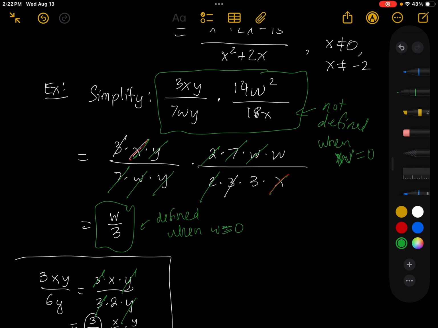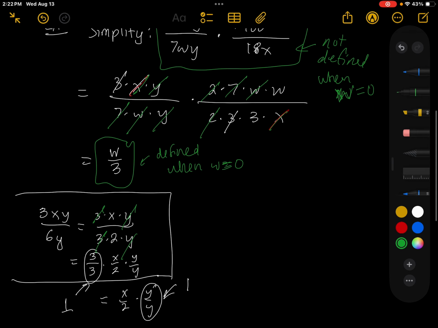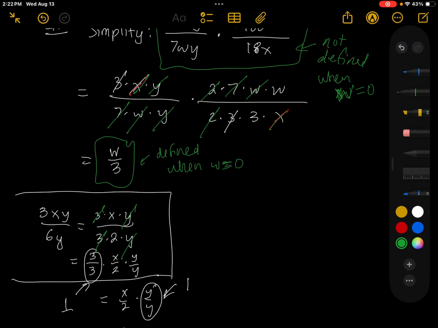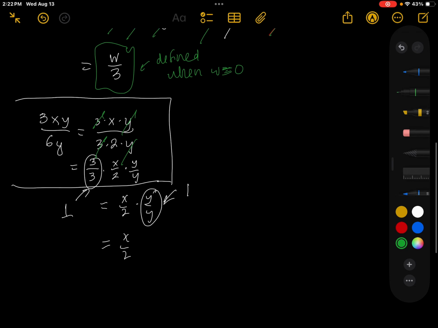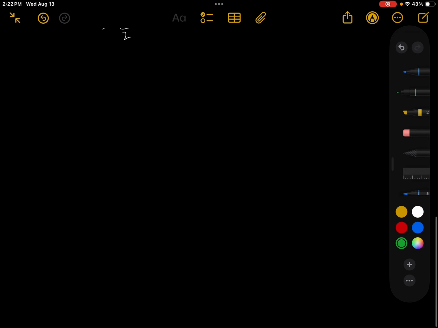So you should say that these two expressions are equal when w is not 0, because if w were 0, then w over 3 would be defined, but the original thing is not defined, so they can't be the same thing. Technically, we should say that these two are equal when w is not equal to 0. But I'm not going to worry about that. Let's just focus on simplifying the expressions.